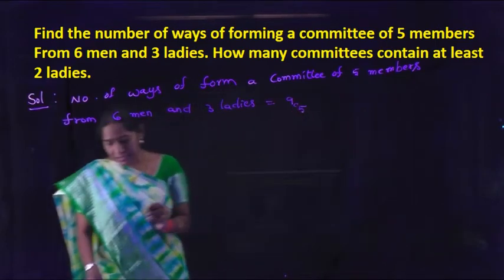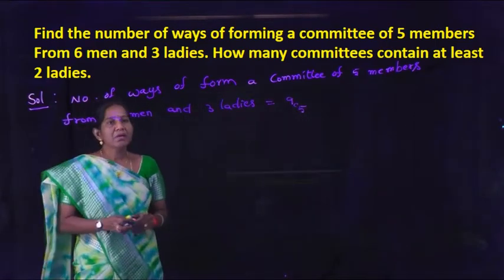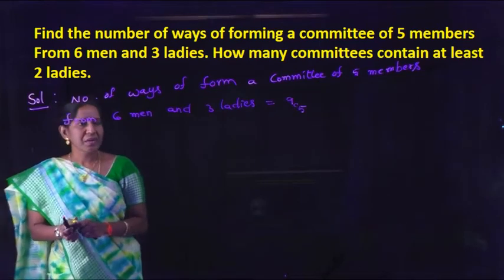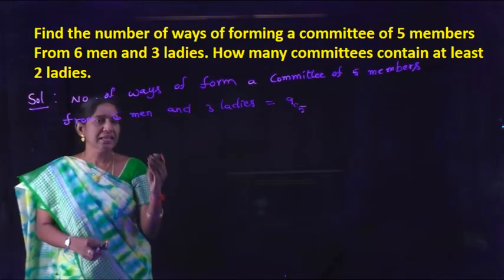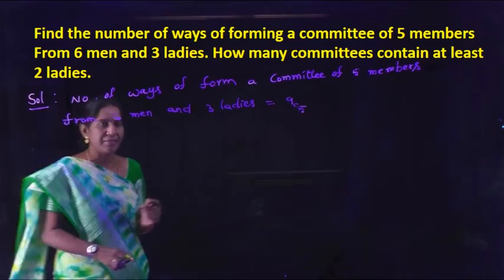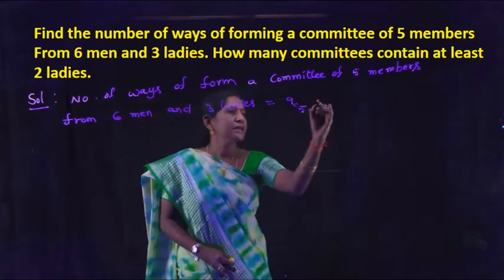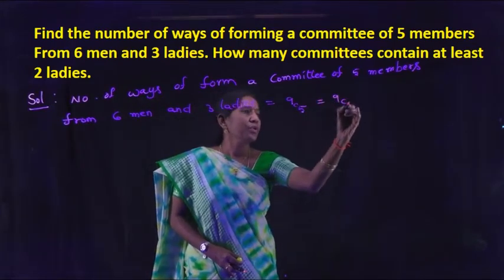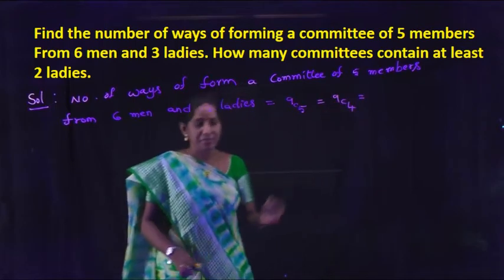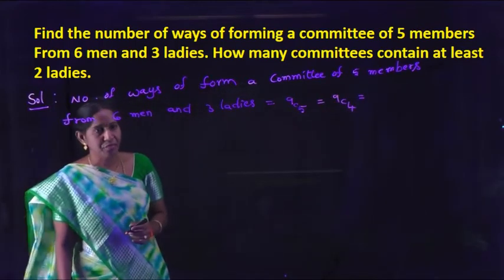Number of ways of forming a committee of 5 members from 6 men and 3 ladies is 9C5, that is the same as 9C4. 9C5 is the same as 9C4.